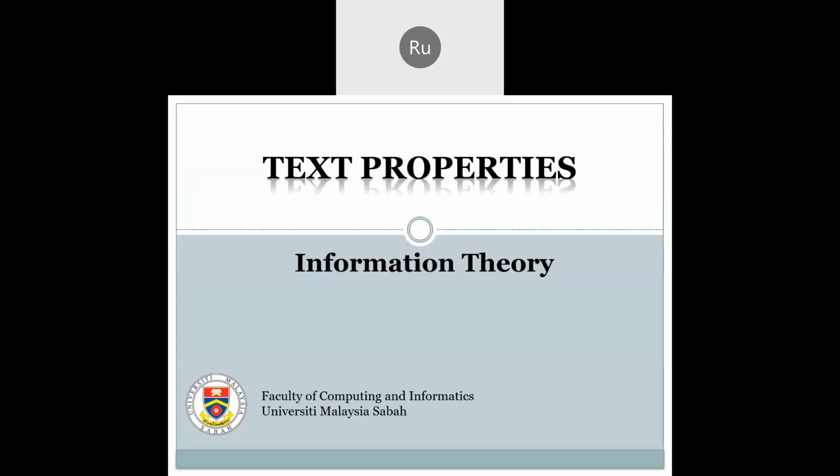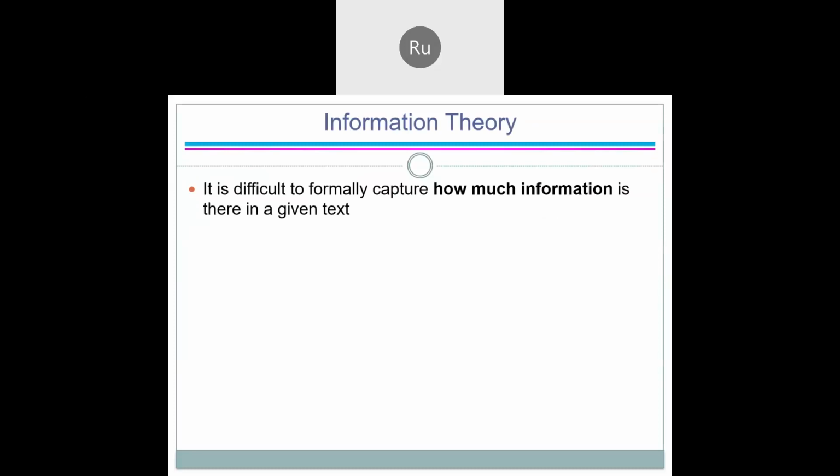Okay. Now we go into information theory. This is a very important part because it will tell you how important certain words are in the text. For example, for a single symbol, how much information can be carried by that single symbol. It is difficult to formally capture how much information there is in a given text.